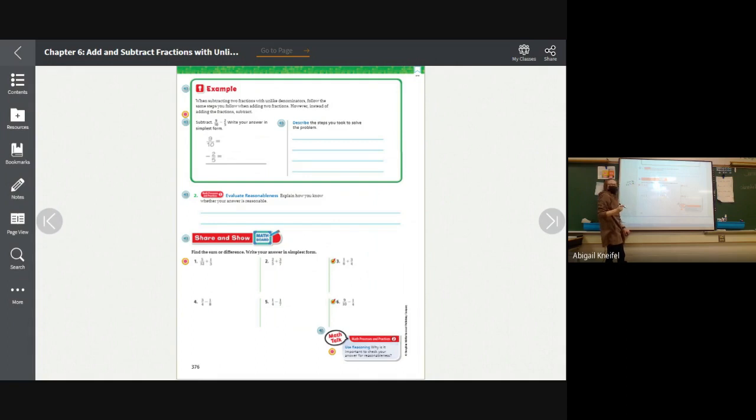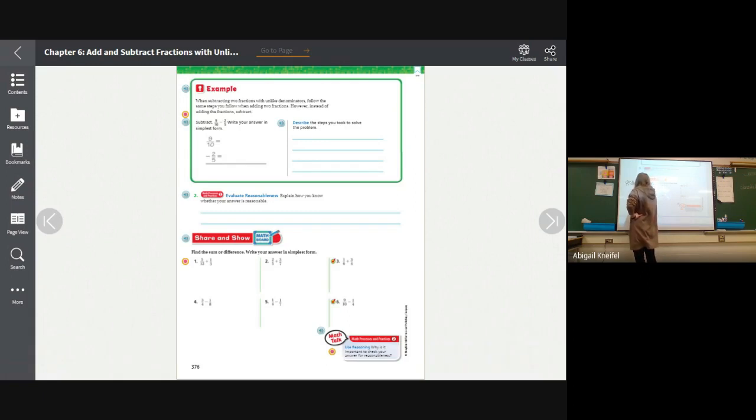Oh, look. What's my least common denominator, everyone? 12. So do I need to change 5/12? No, that's going to stay the same. But I do need to change 1/3. How many times did I multiply 3 to get to 12? 4. What I do to the bottom, I have to do to the top, so I end up with 4/12.